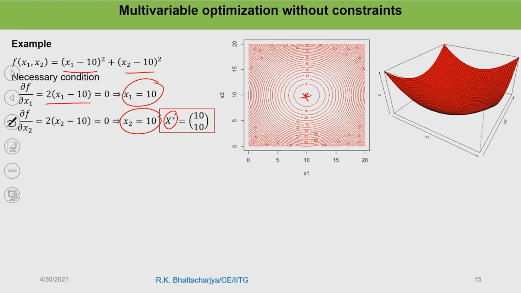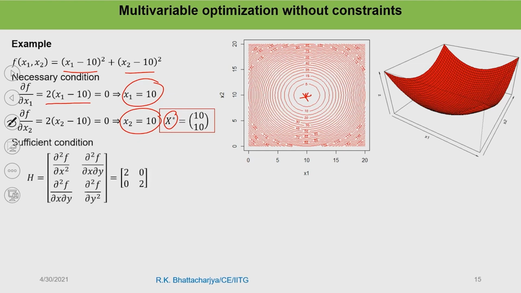Now, I know in this case this is a minimum point, but let us see by applying the sufficient condition for optimality. In this case the Hessian matrix should be a positive definite matrix. So, let us apply the sufficient condition.